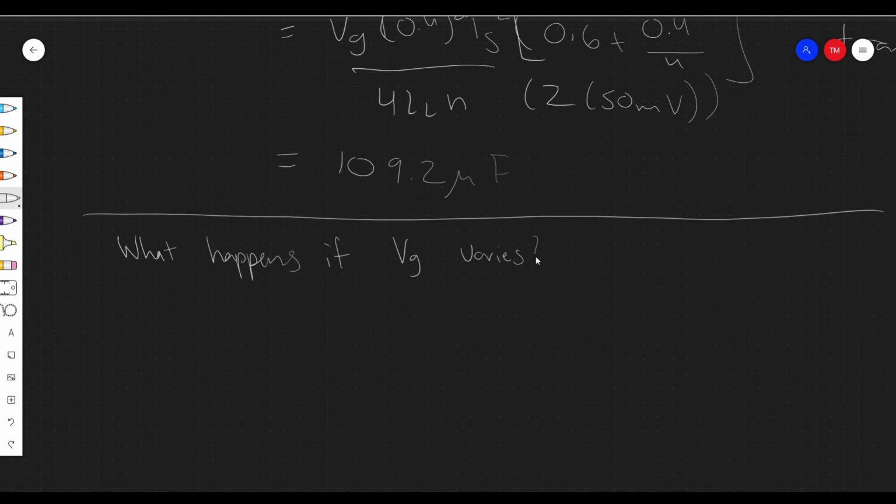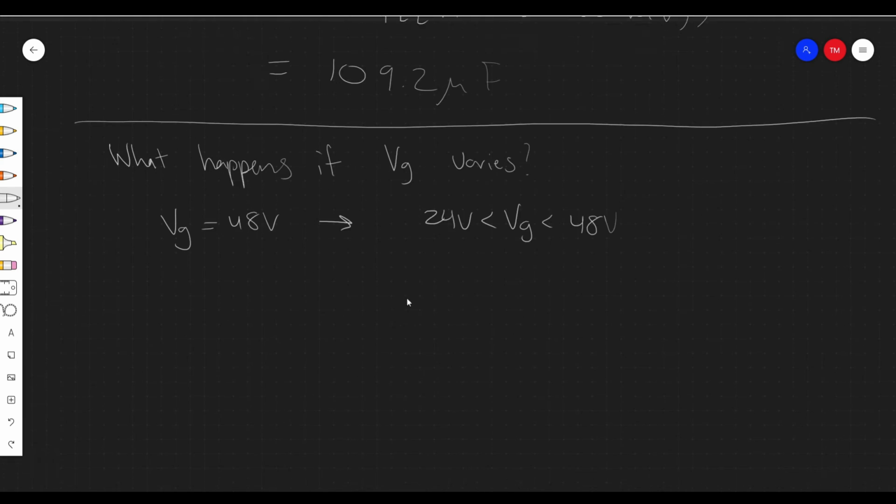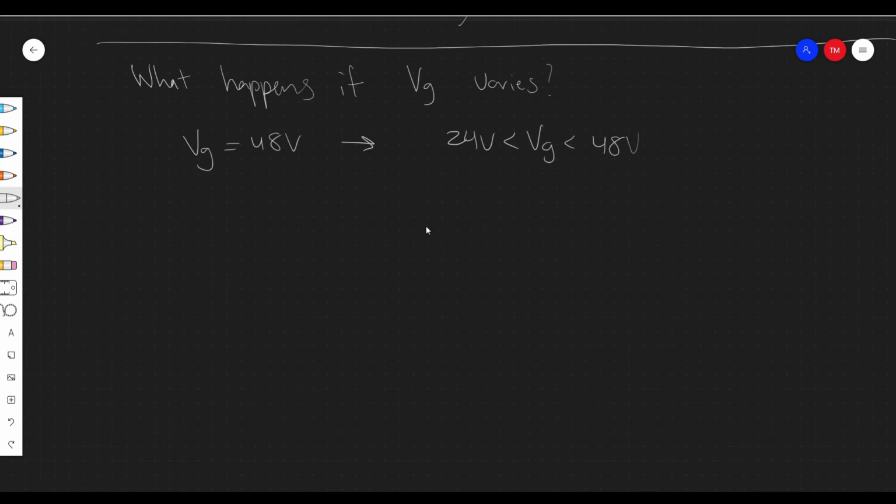What happens if VG varies? Right? So instead of VG equal to 48 volts, what happens if it changes from, say, 24 volts to 48 volts? So this time, stuff is going to vary. And maybe what you could do for your specific design is come up with cases, right?